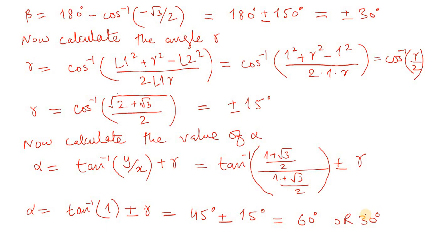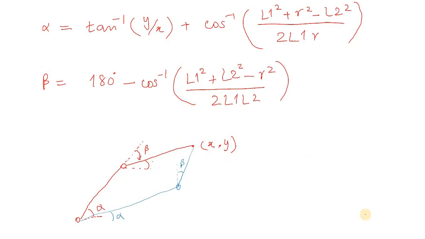So as you have seen that there are multiple solutions for every joint angle. For alpha we can have a value of 60 degree or 30 degree, and for beta we can have either a value of plus 30 degree or minus 30 degree. So that's what I was previously explaining, that we can have multiple configuration of the robot to reach for the same position.